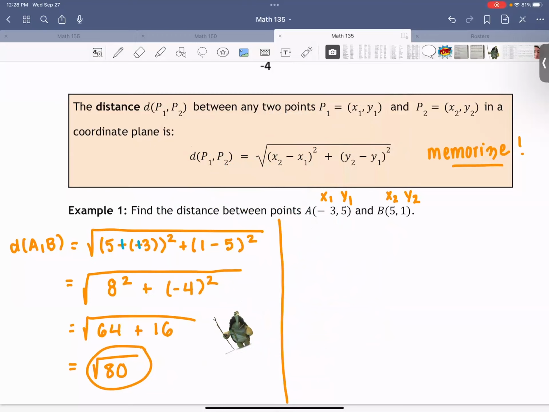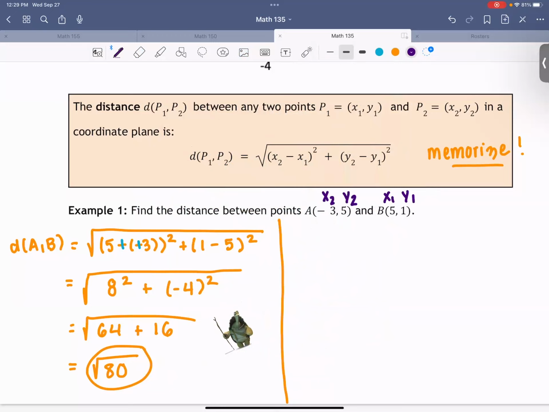I don't know why. Let's actually talk about what happens when we switch around the points. Zach actually had a really good question here. What if I made B X1 and Y1 and A X2 and Y2? It actually doesn't matter.